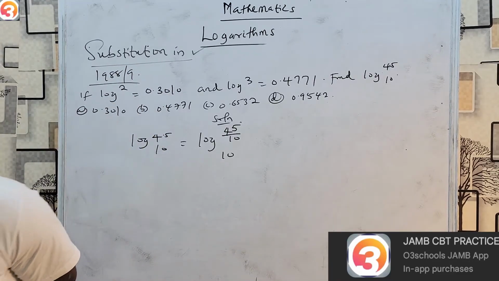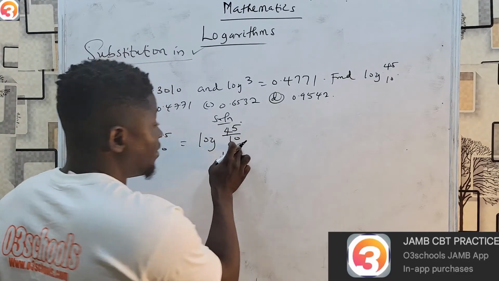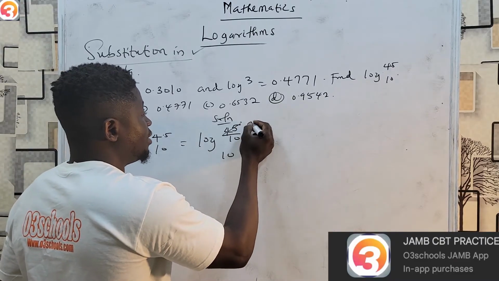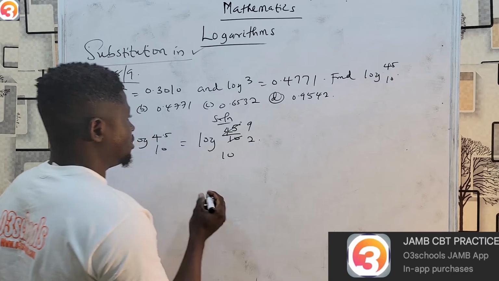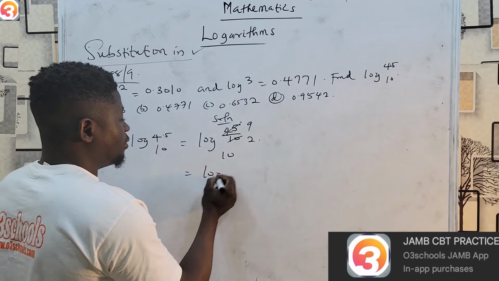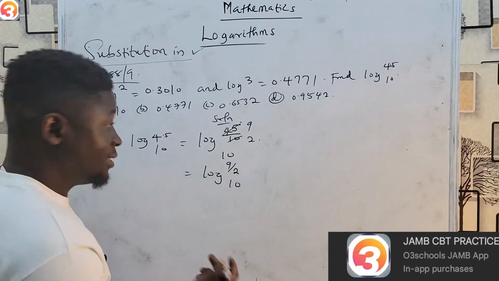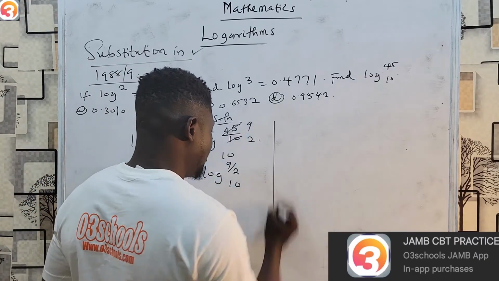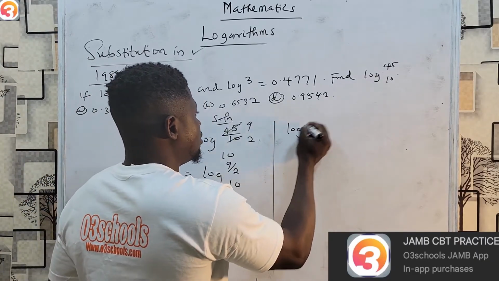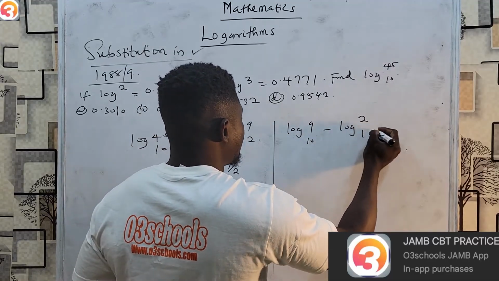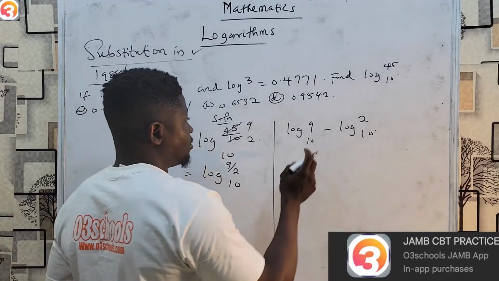Now can we reduce this? 5 here can go here 9, 5 here can go here 2 times. So I'm going to have logarithm of 9 over 2 base 10. Can we simplify this? Yes, we can. So I'm going to have logarithm of 9 base 10 minus logarithm of 2 base 10. Of course, this is the same thing as what?